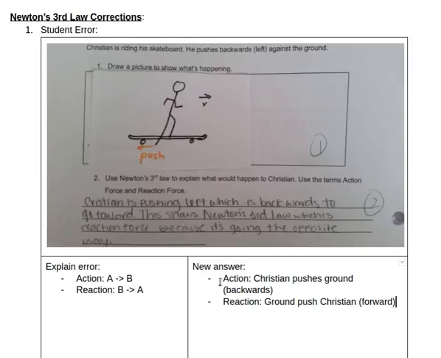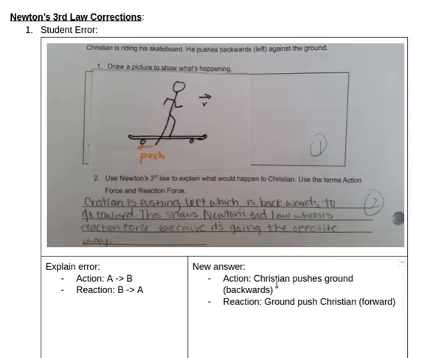So remember, the format next time is the action is always A pushes on B in a certain direction, and then to find the reaction force, you simply flip those around. You now have B pushes back on A in the opposite direction.